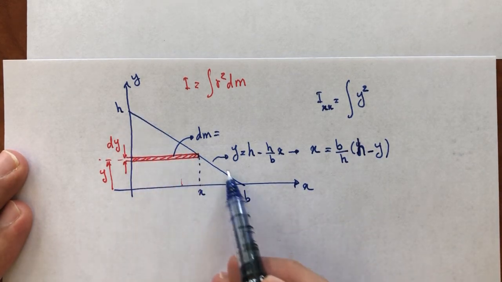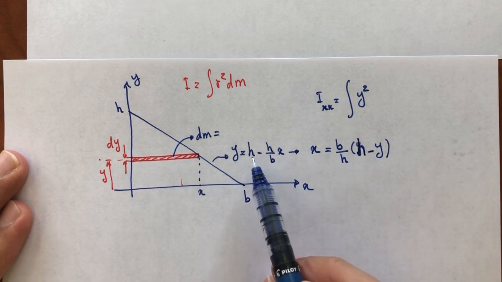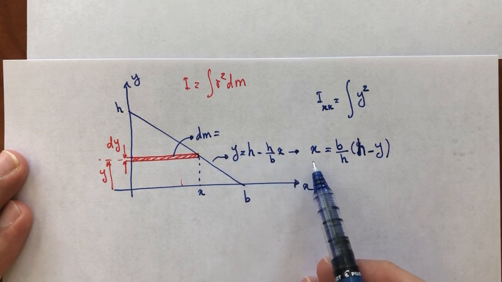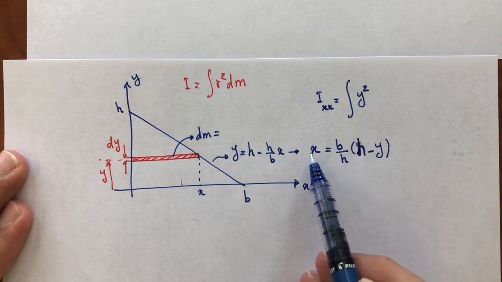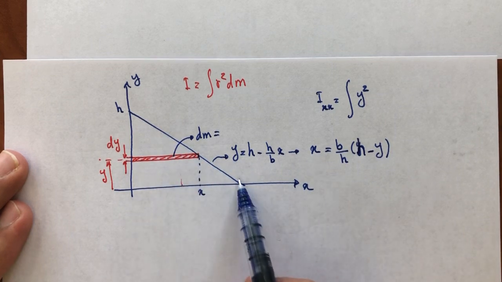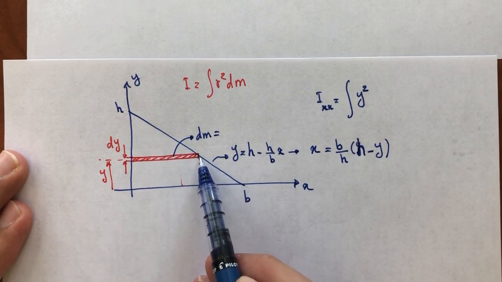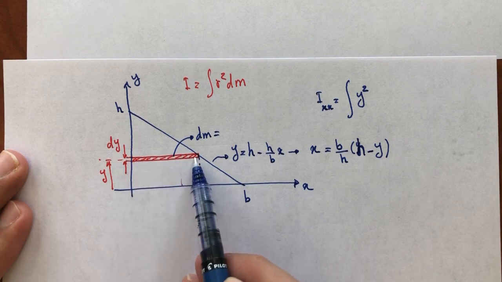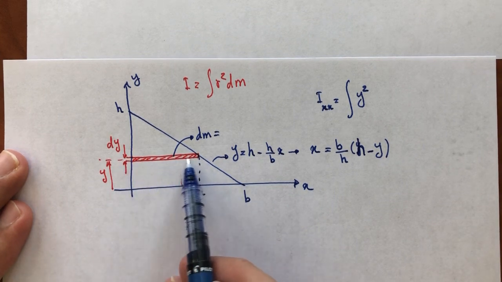Again, this is the equation of the same line, but I'm changing the order of things to find x in terms of y. And x, the x of the points on this line, means the length of this strip, right?